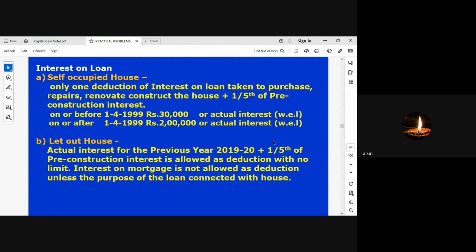In the let out case, 1/5 of the pre-construction interest is allowed as deduction with no limit, and interest on mortgage is not allowed as deduction. Interest on a mortgage will not be considered as a deduction, unless the purpose of the loan is connected with the house. If any interest is connected with the house, then that interest will be calculated according to the pre-construction period.